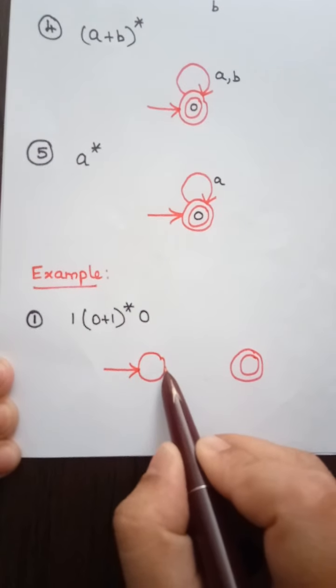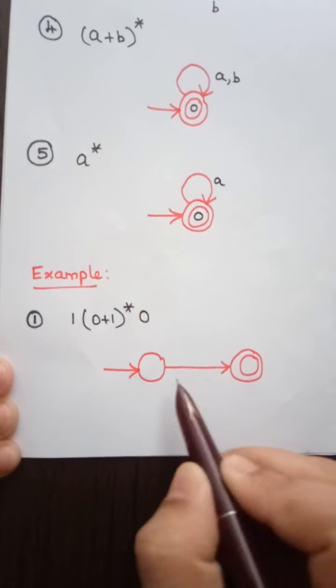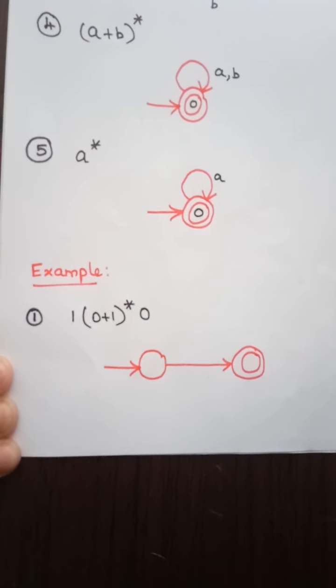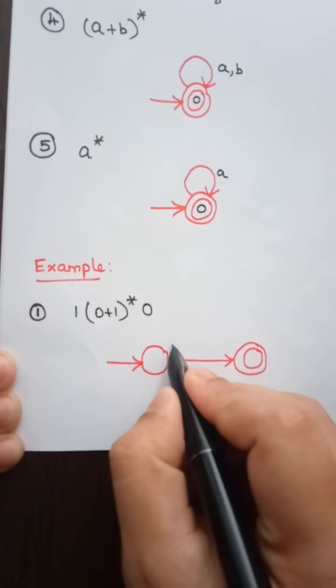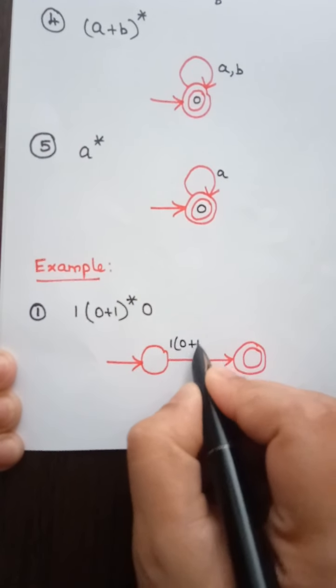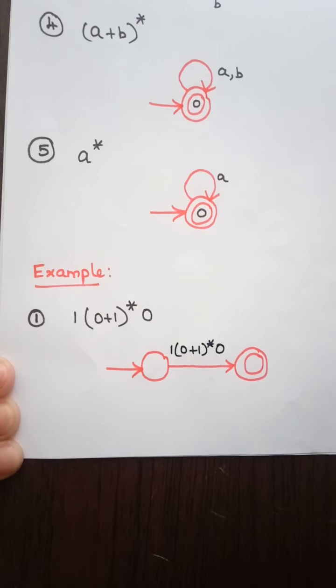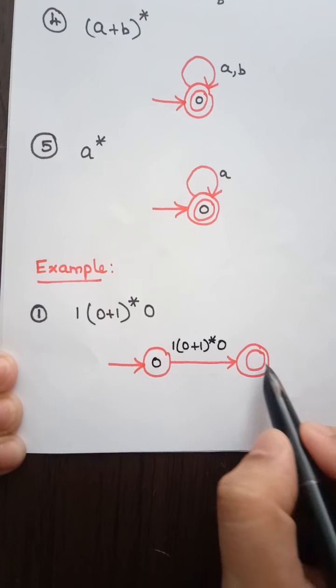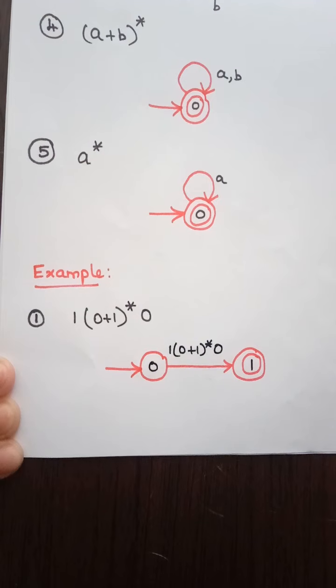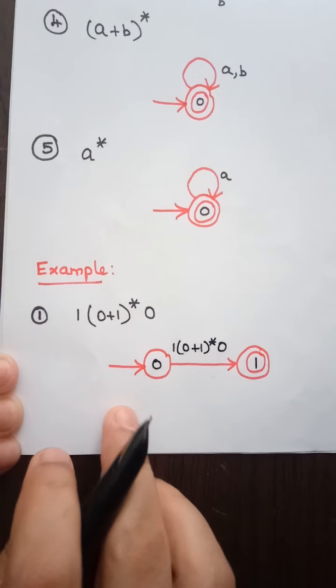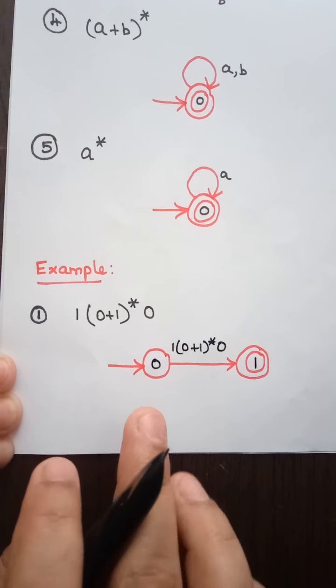From this state to this state, we have a transition on the input symbol 1(0+1)*0. So let this be 0 and let this be 1.